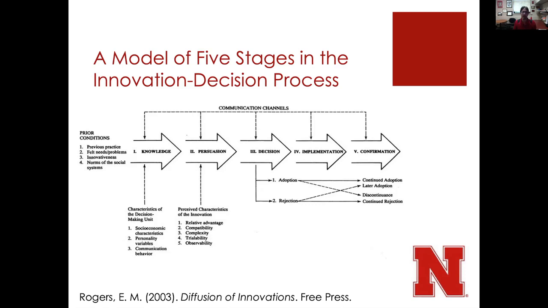So let's start with the knowledge stage. This is where an individual or a group or a community learns about the innovation for the first time. During this knowledge stage, the individual is going to gather information and start to try to understand how the innovation works. What does the process look like?